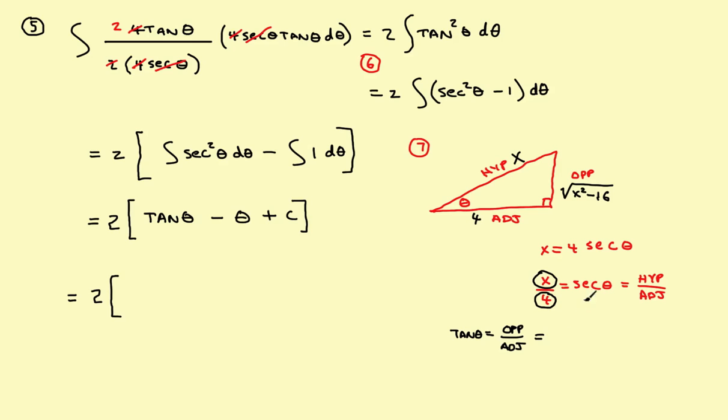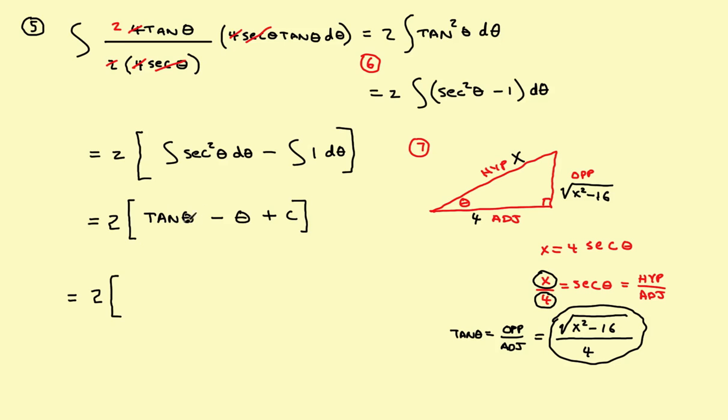So look at your triangle and just write those down. In your triangle, the opposite side is the square root of x squared minus 16. And the adjacent side is 4. So the tangent of theta turns into this right here.